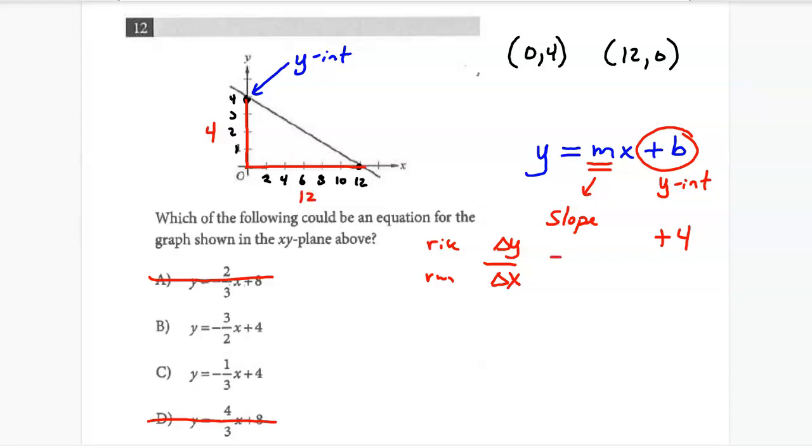So we have a negative 4/12 slope, or a negative 1/3. Every time you go down 1 over 3, down 1 over 3, down 1 over 3. So, correct answer, C.